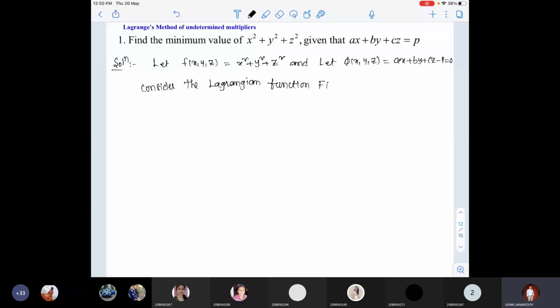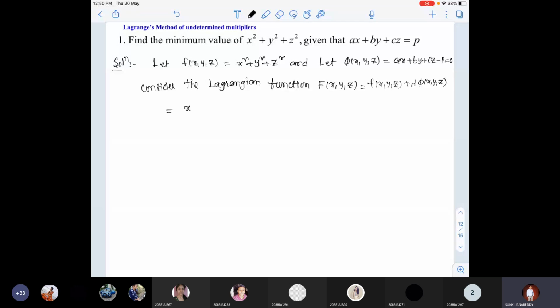Lagrangian function capital F of x comma y comma z is equal to small f of x comma y comma z plus lambda into phi of x comma y comma z. It is a Lagrangian function, or auxiliary equation. We can write any one here.